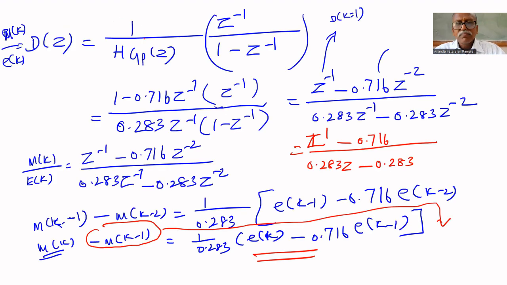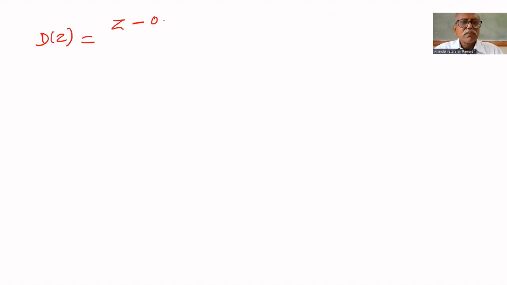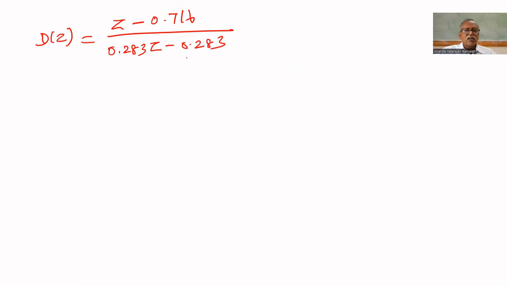So D of Z equal to Z minus 0.716 upon 0.283 Z minus 0.283. This is the digital controller, the deadbeat controller for the 1 upon 3s plus 1 transfer function.